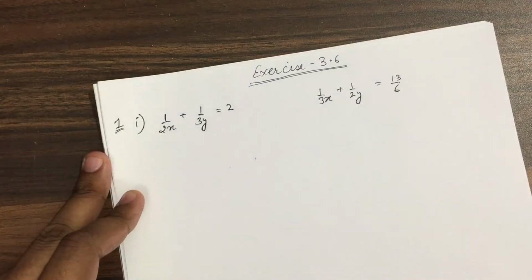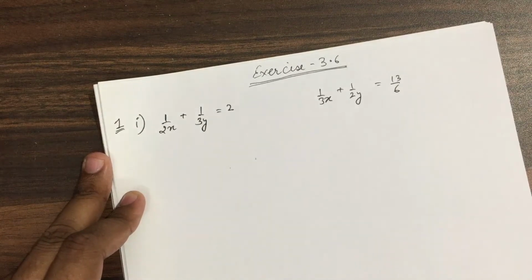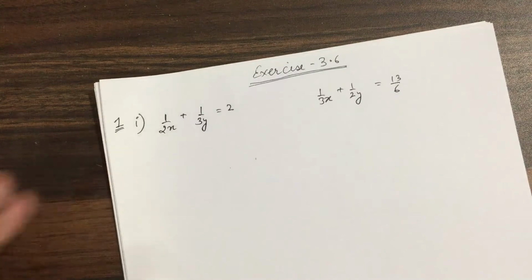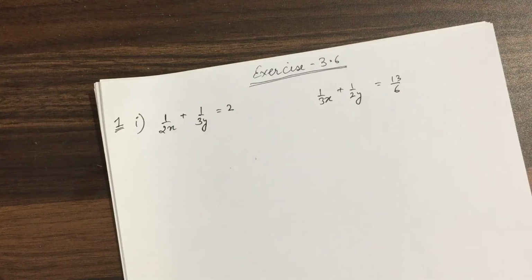Now you must know that these are not linear equations in two variables. They are not in standard form, so first of all we should convert them into standard form. I have already discussed such questions in my previous lectures, so this won't be a new topic to you, but still I will discuss each and every question of this exercise.